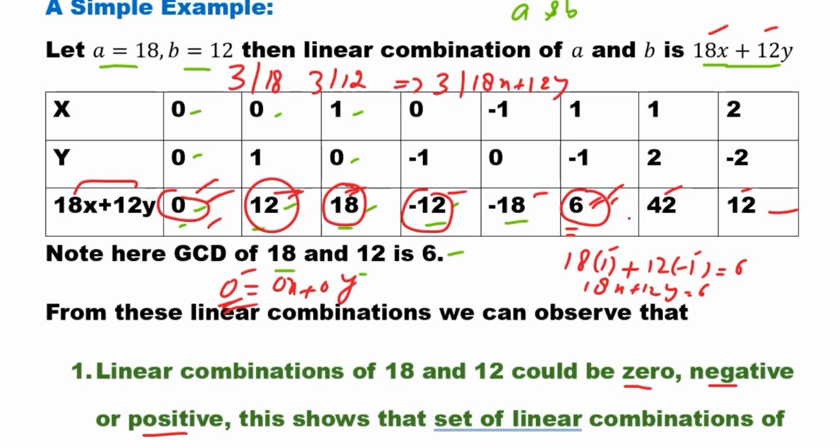Every number is divisible by 3. So any number which divides 18 and 12 will also divide the linear combination of 18 and 12. Now the linear combination of 18 and 12 is actually equal to 6. That is the GCD. This implies that 3 also divides 6. So from this example, you can verify that 3 will divide the GCD of 18 and 12.